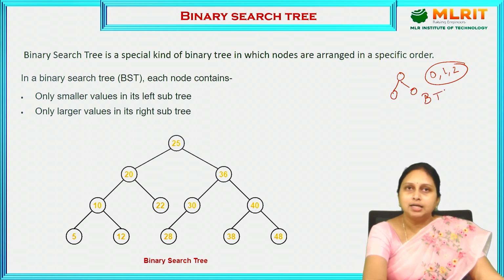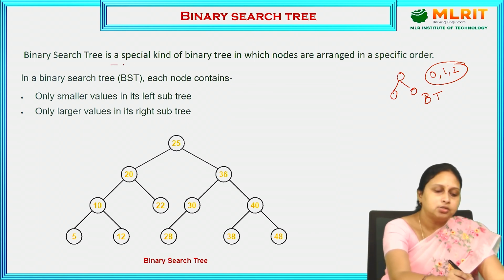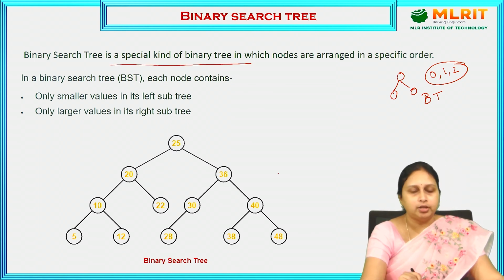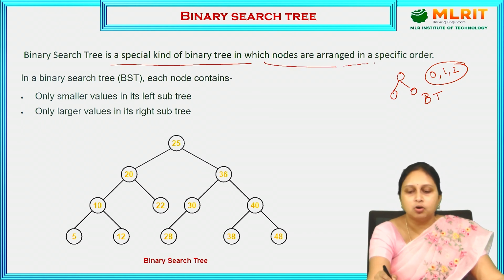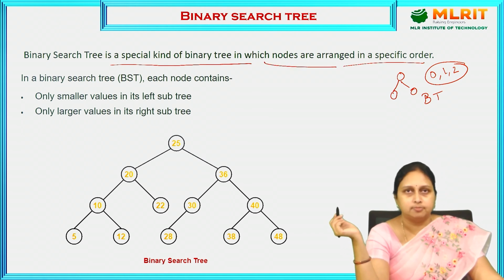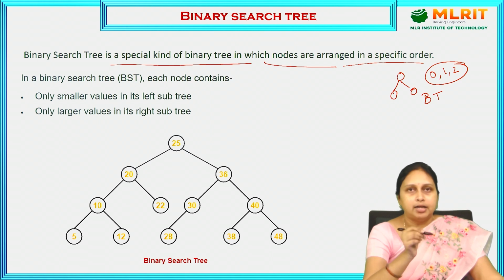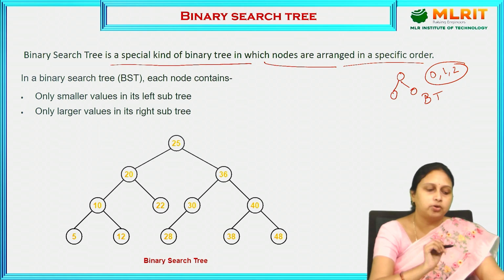But in a binary search tree, it is different. Let us see the definition of a binary search tree. A binary search tree is a special kind of binary tree in which nodes are arranged in a specific order. It is also a binary tree, but it follows some specific order in storing the nodes. What is the order it is going to follow?